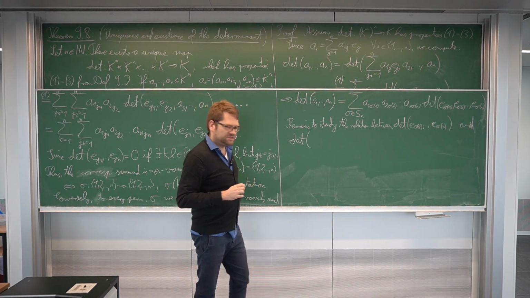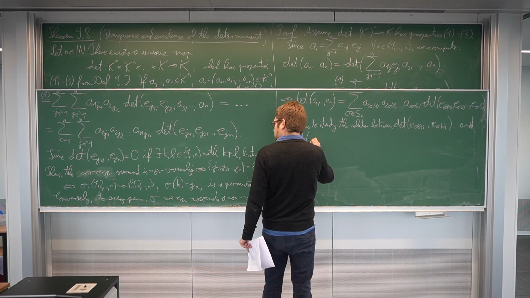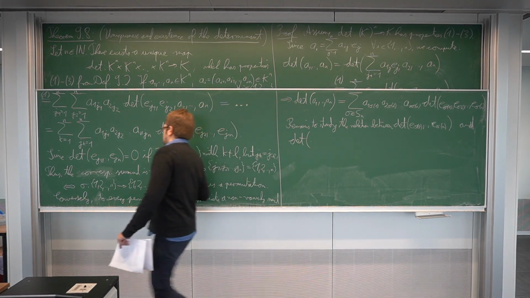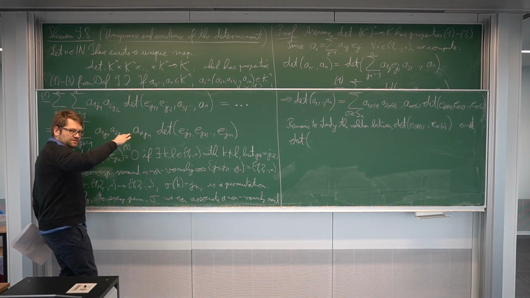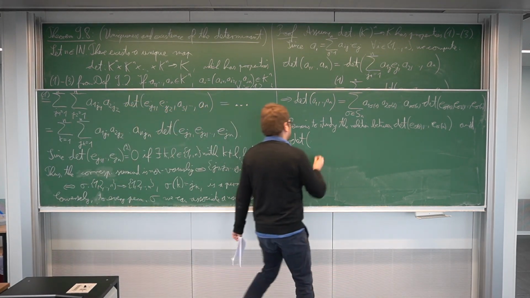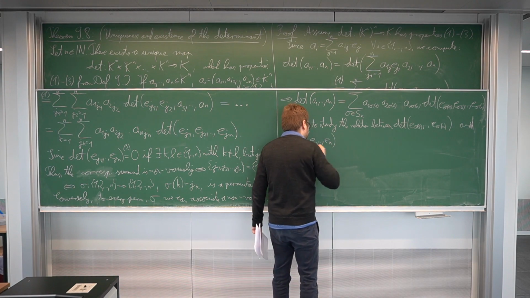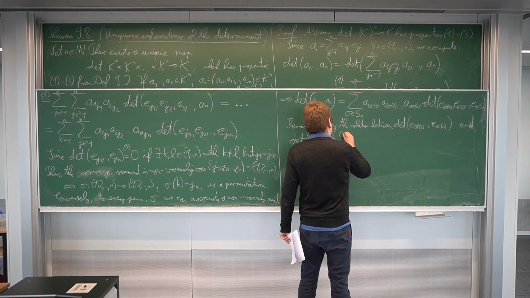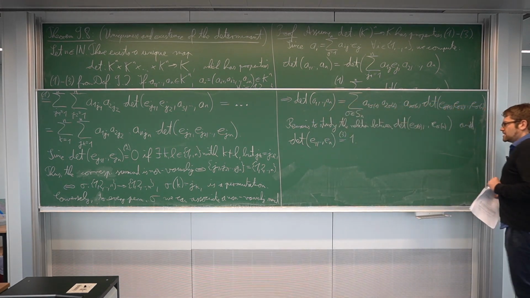Just to mention explicitly, here was property 2, the alternating property. Before we used multilinearity, here we used the alternating part, and now we use property 3. Namely, property 3 was that if they're really ordered in the standard way we want, then we get 1. So the question is, if the order is messed up, what happens?